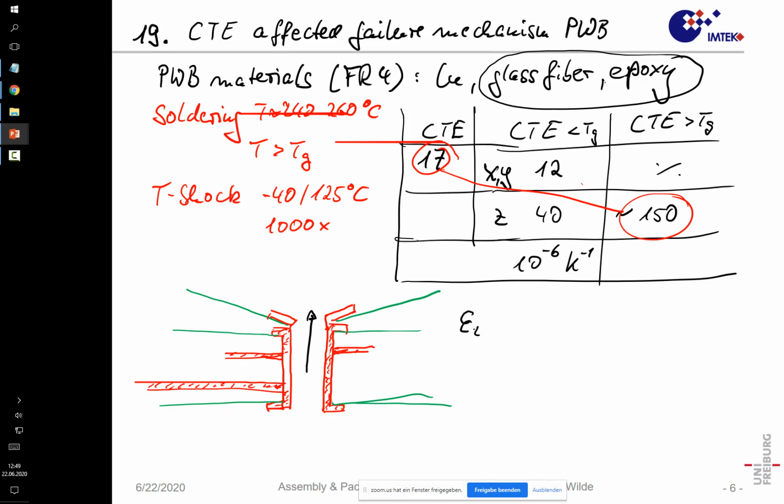So the thermal strain difference is how much? Delta alpha times delta T. In our case, delta T is how much?